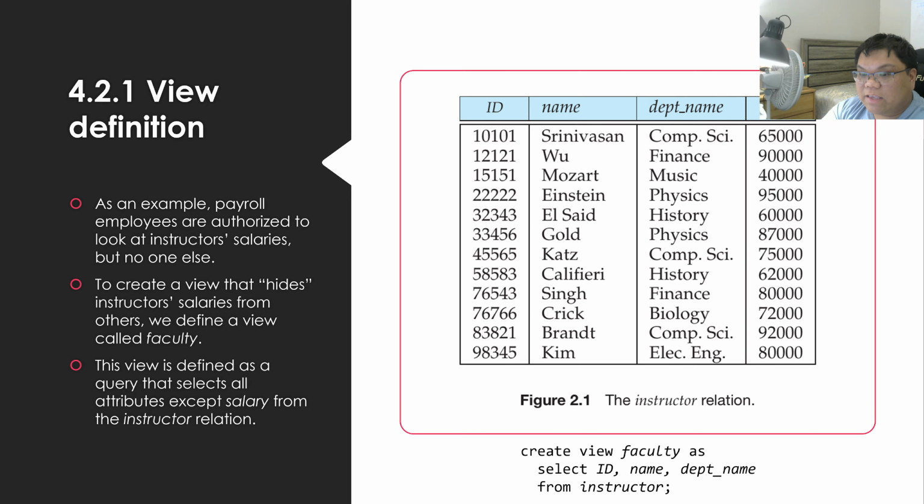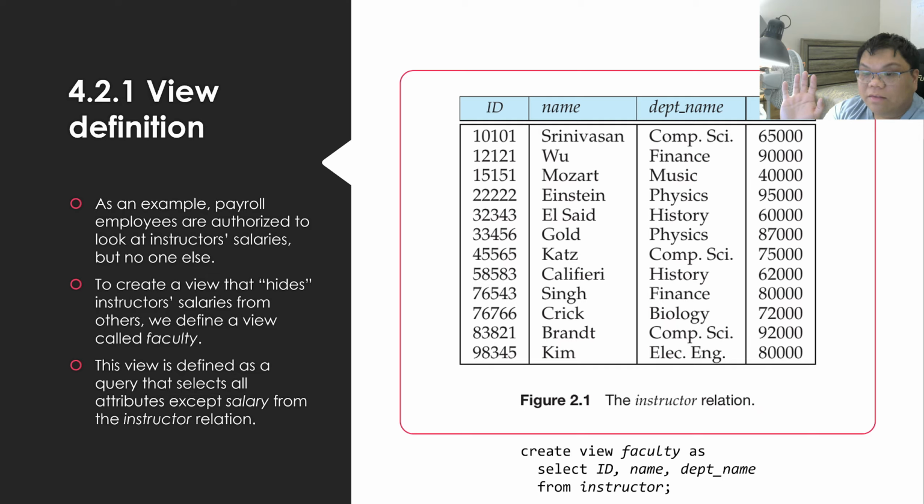So here's an example. Payroll employees are authorized to look at instructor salaries, but no one else. So we can create a view that hides instructor salaries from others. Let's call that view faculty. And we define it as a query that selects everything.